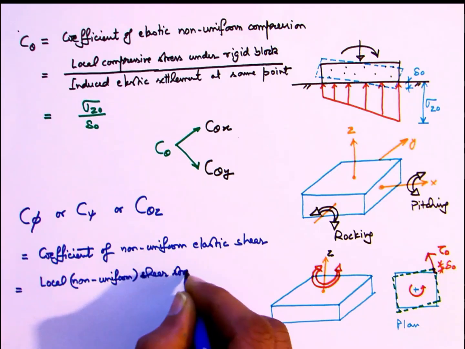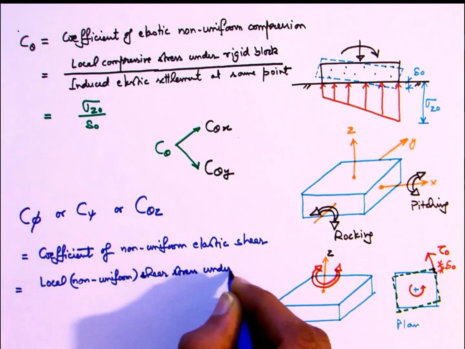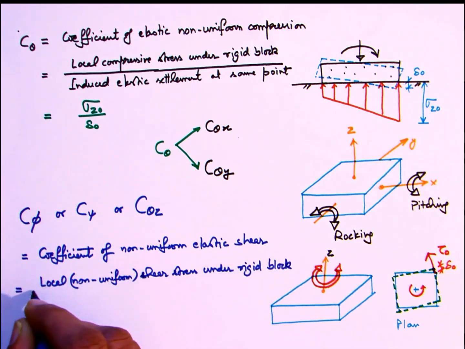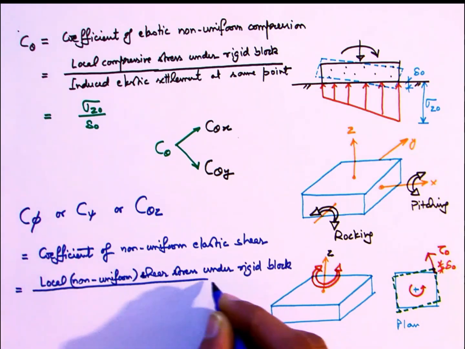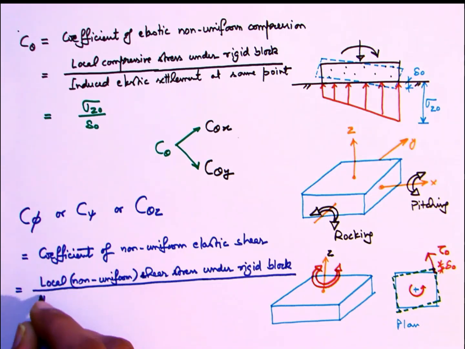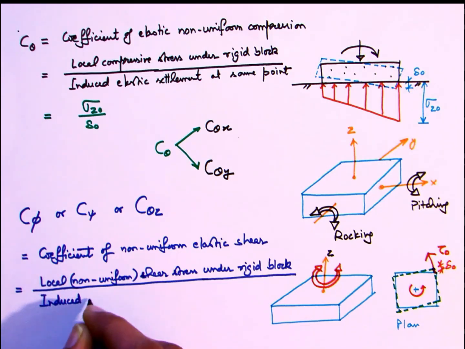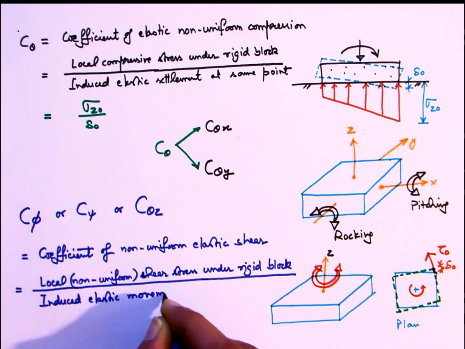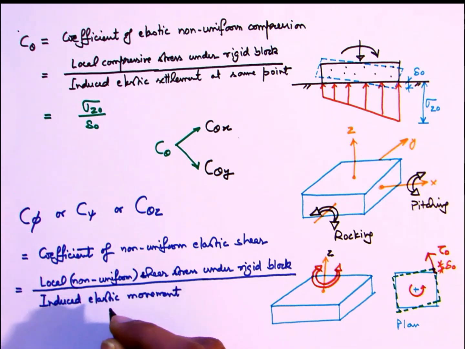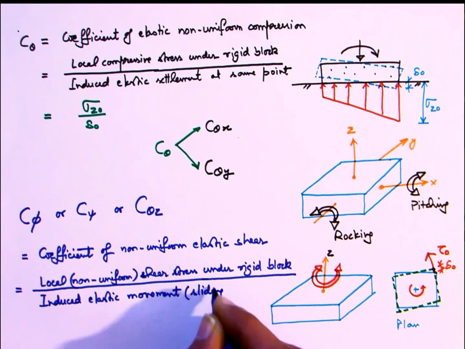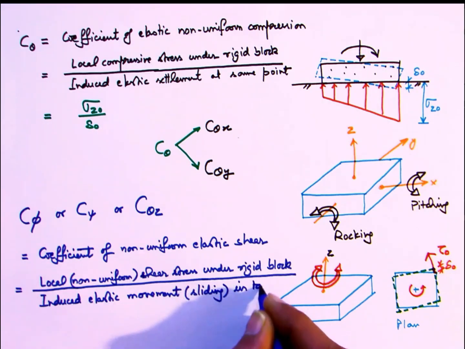Here we are considering the corner point as shown here, divided by the induced elastic horizontal movement at the same point, and of course this would be acting tangentially to the line joining the point with the center of rotation.